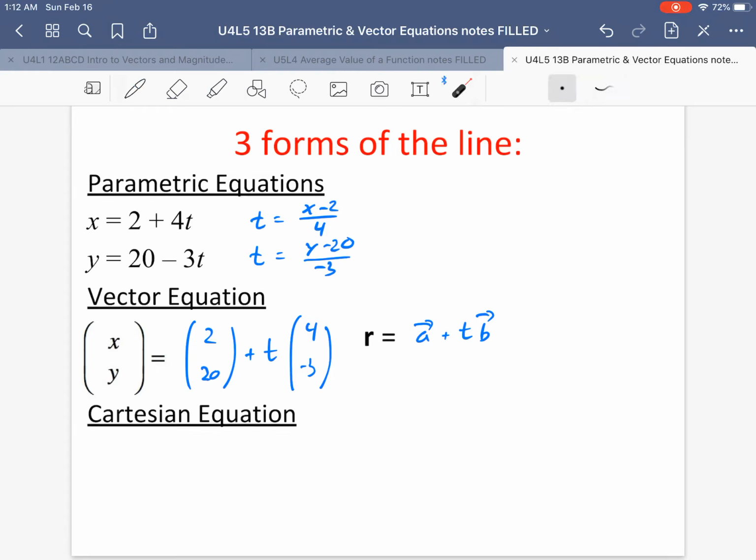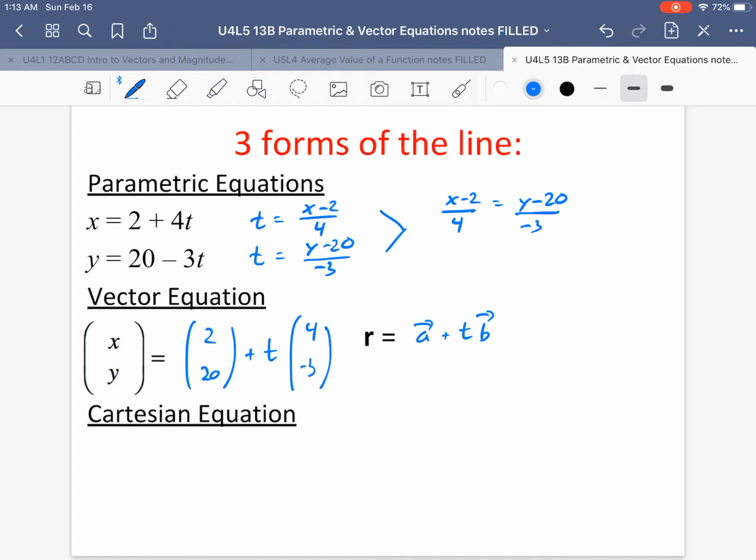Okay, so these are both expressions for t, so they have to equal each other. So I'm going to write that over here, and then we'll write the final product over there. So this means that if this is true, then x minus 2 over 4 has to equal y minus 20 over -3.